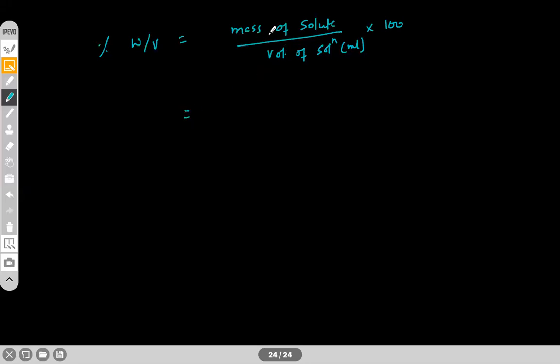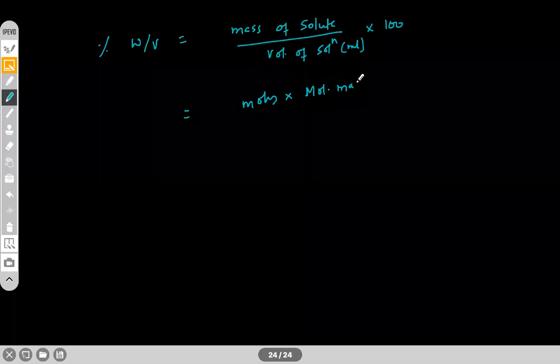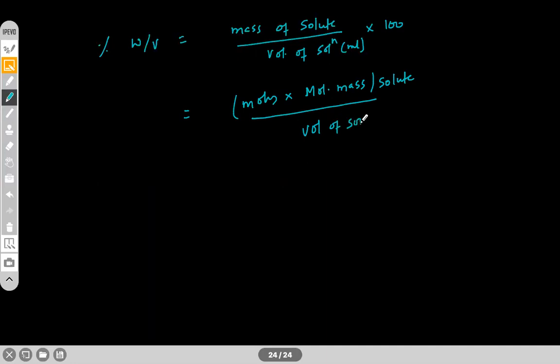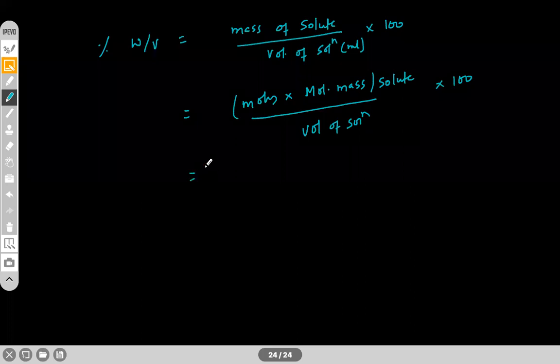Mass of solute we can write as moles into molecular mass of solute, divided by volume of solution, into 100, right? Now, if you want to convert this into molarity, the volume of solution is in ml.